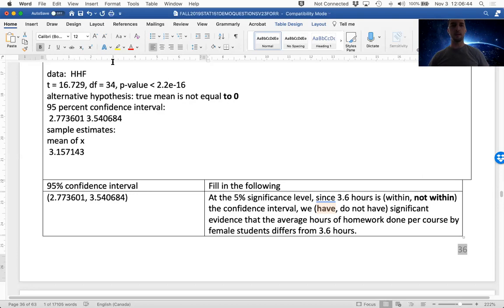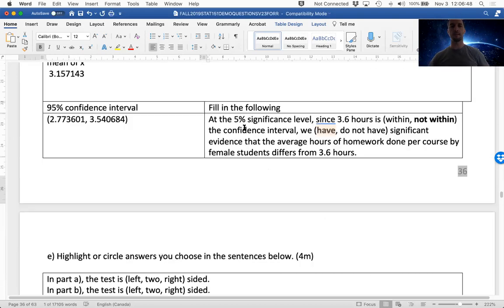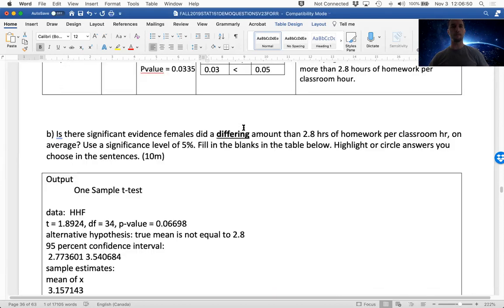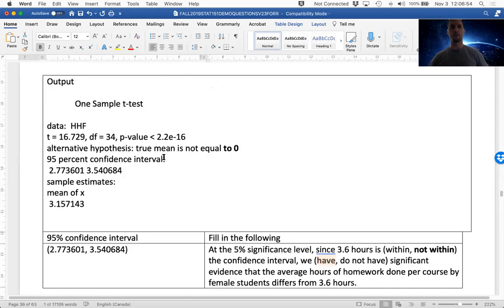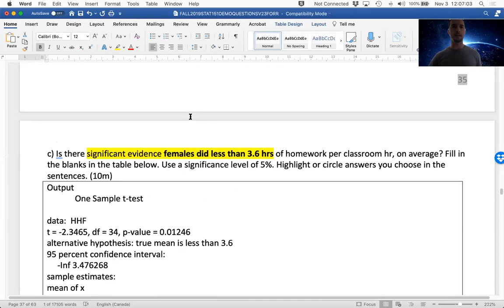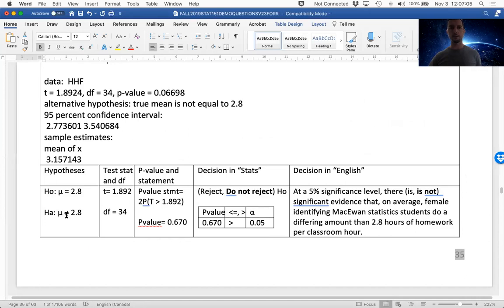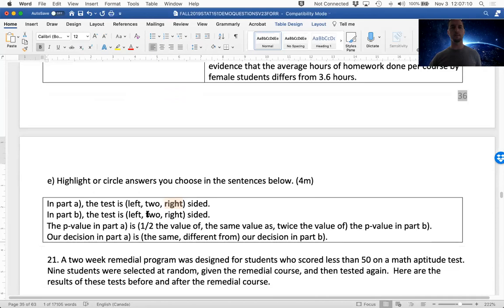Okay, and then here, it says highlight the answers. In part A, we have a greater than sign in the alternative. So part A is the right-sided test, where right means positive or upper tail. Part B is the two-tailed test, because we have a does not equal sign in the alternative here.